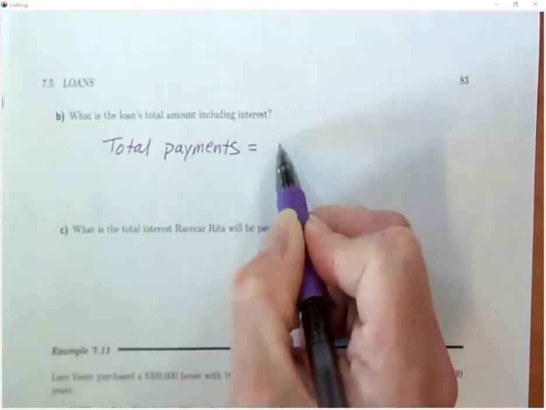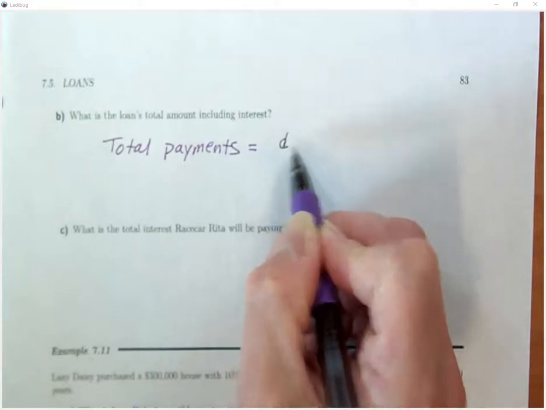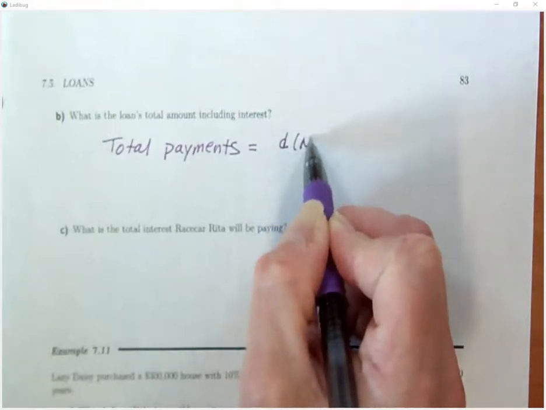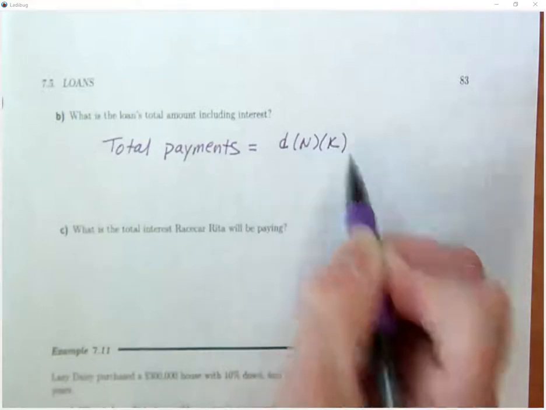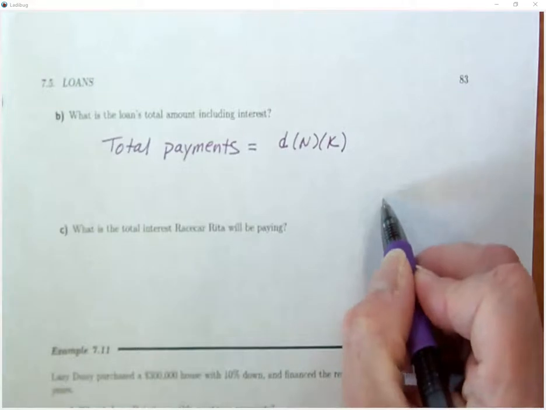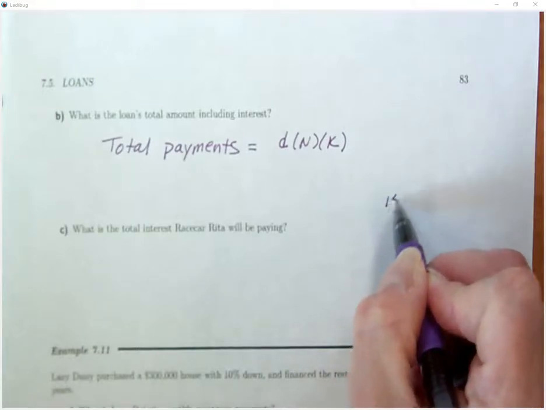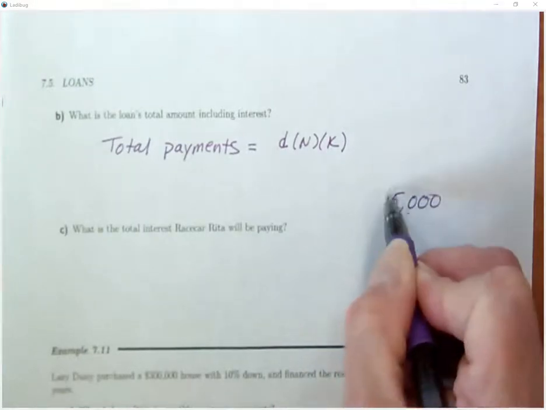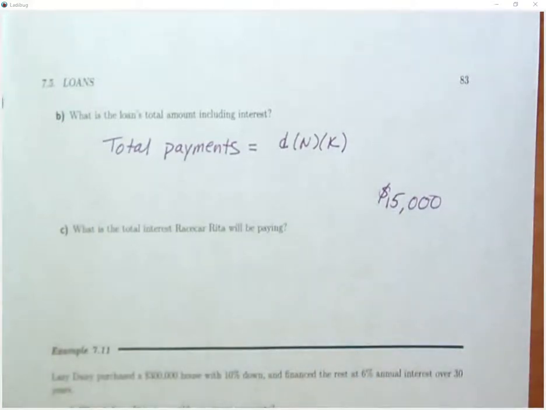So you're going to have to do the D times the N times the K, or vice versa, that's okay. So figure out what that should be. I'll write the answer here. It should be 15,000.